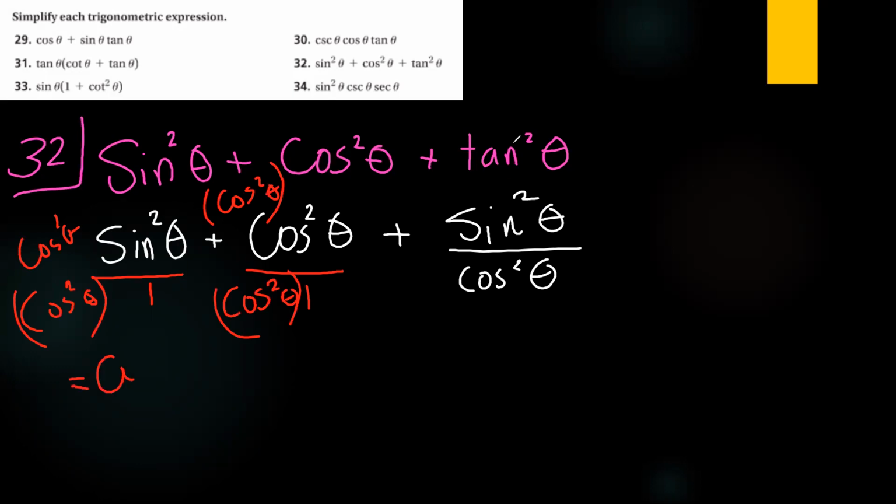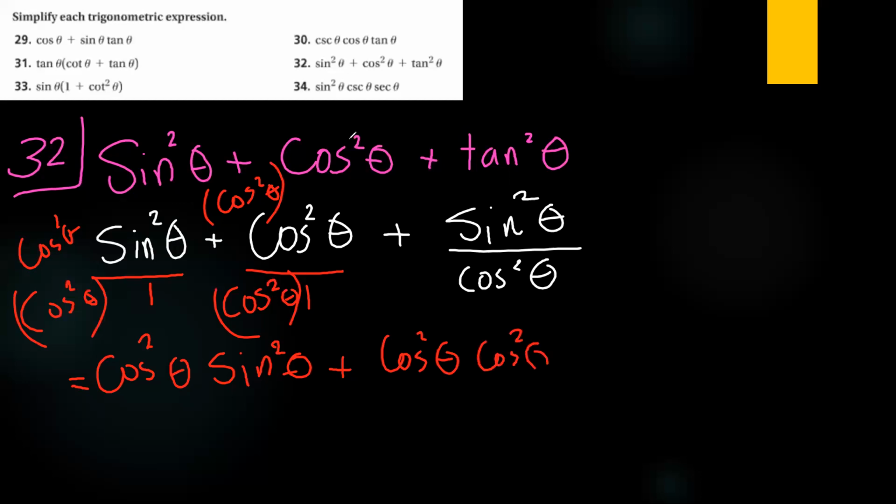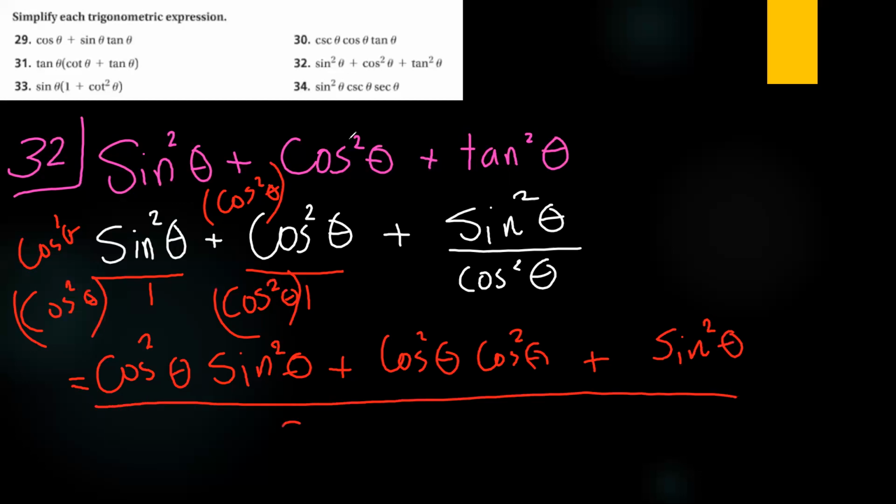We have cosine squared sine squared plus cosine squared times sine squared times cosine squared plus sine squared over cosine squared of theta.